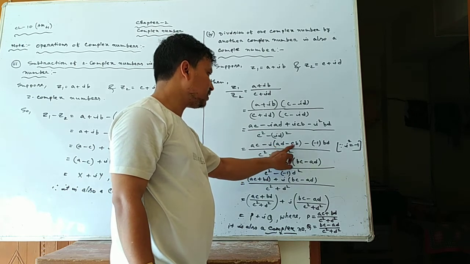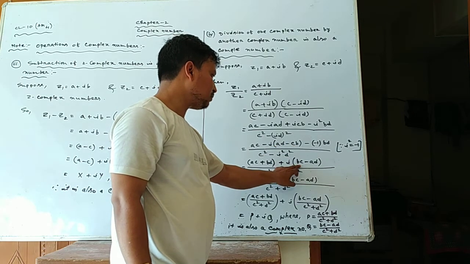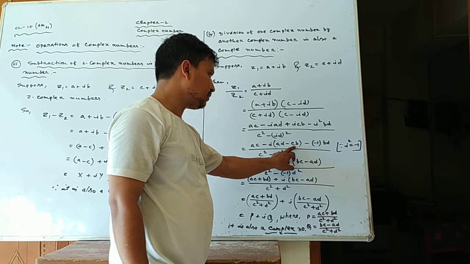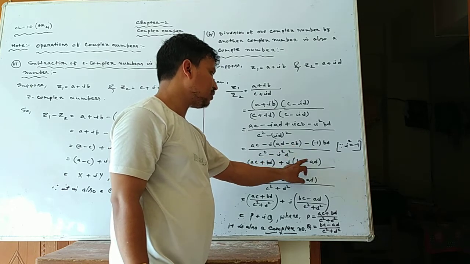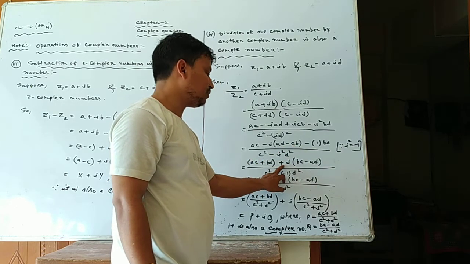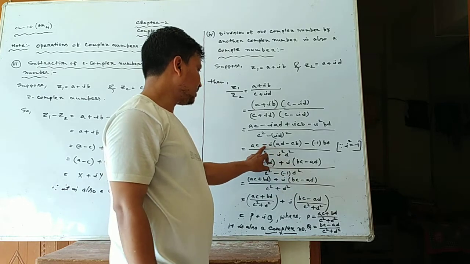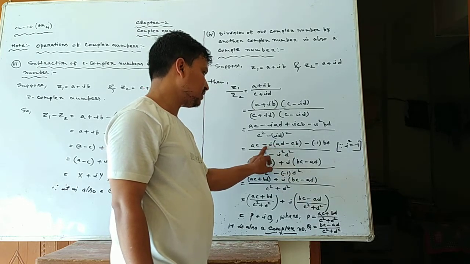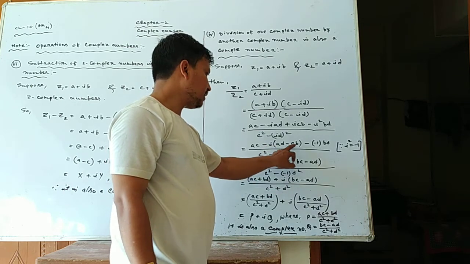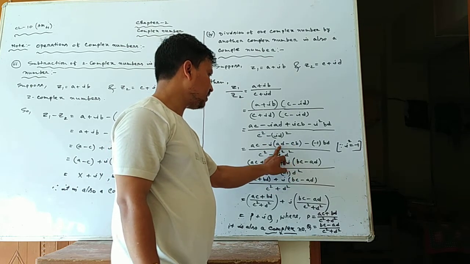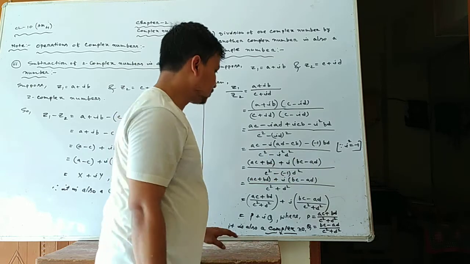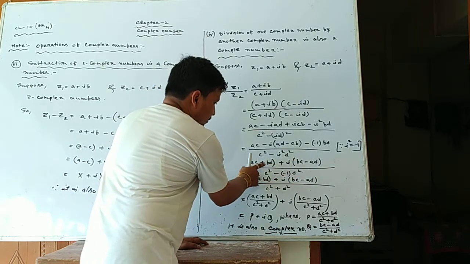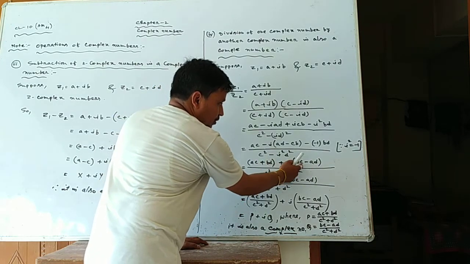So change the places: BC you bring to first place because BC is now positive and AD is negative. So BC minus AD. So this is AC plus BD, the real part, plus I into (BC minus AD).